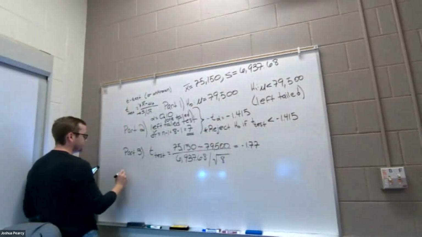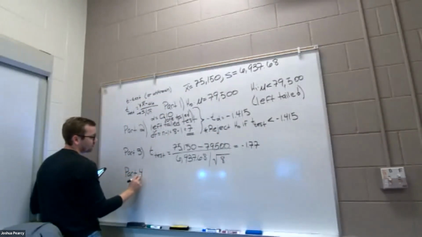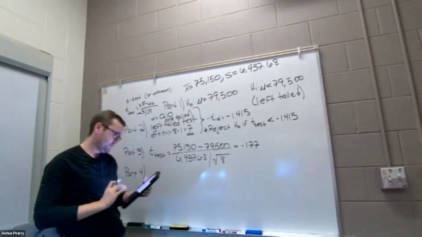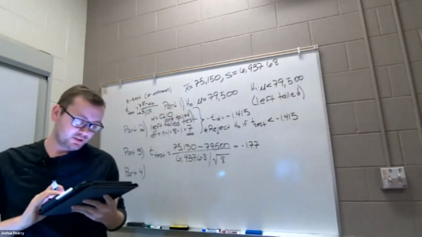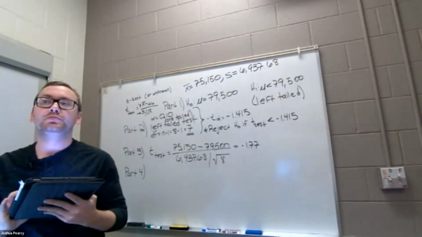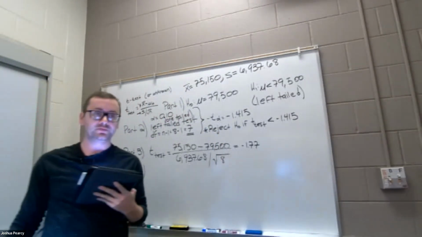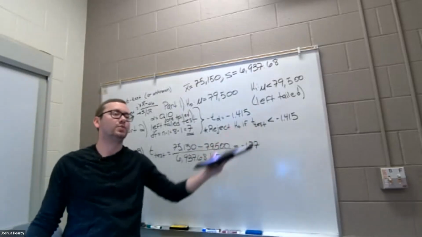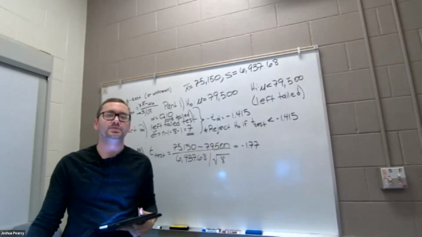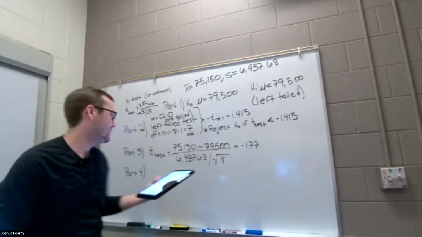So part 4, the decision. Now, what is the decision? Is this less than negative 1.415? It's more negative than it, so yes, it's less than it.